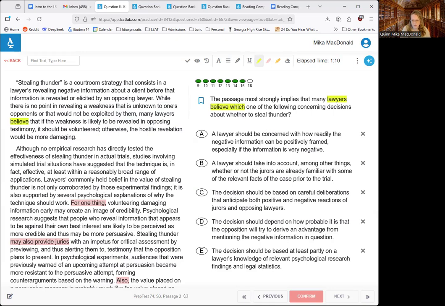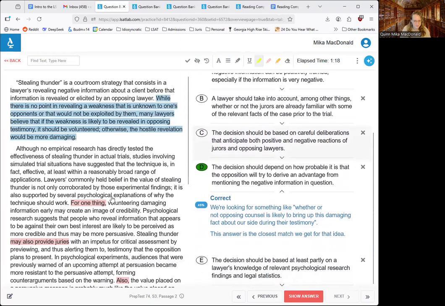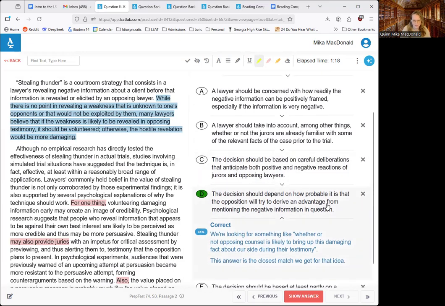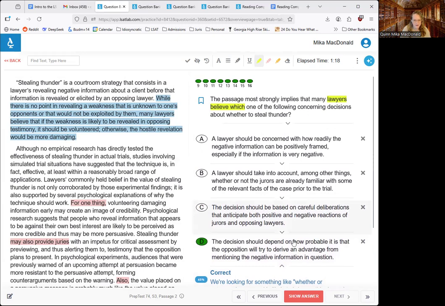Yeah, you both are on point perfectly. It should depend on how likely it is that the opposing side will try to get an advantage. There we go. Well done. Again, this one is surprisingly, crazy difficult. So, 45 percenter.